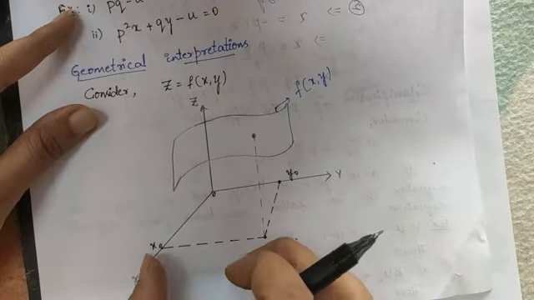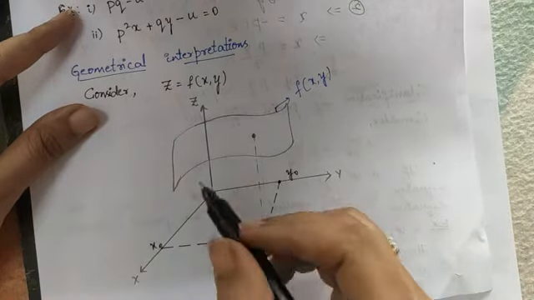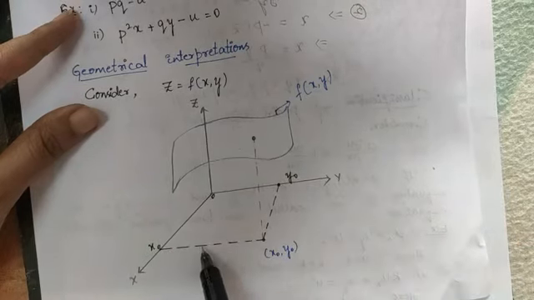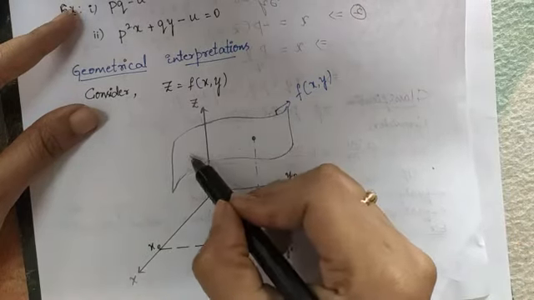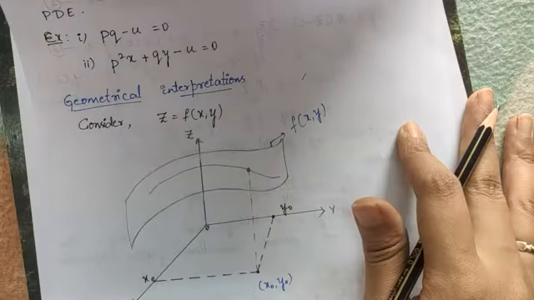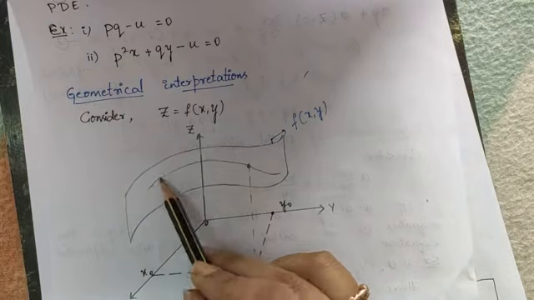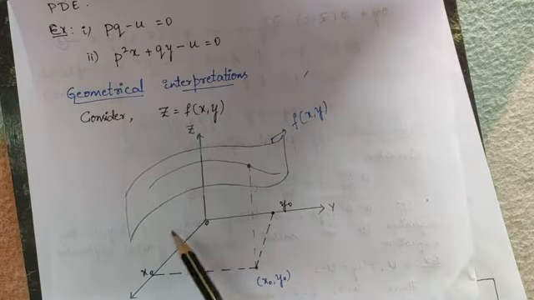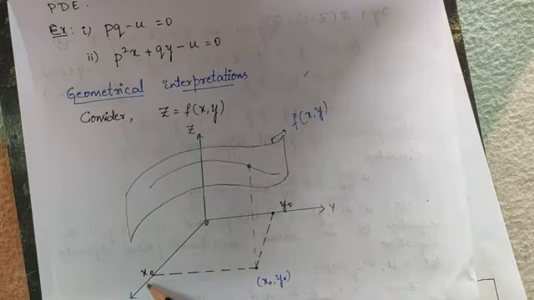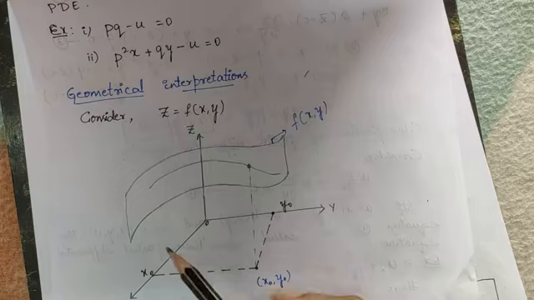Now I will consider this part. If you observe this part, for different values of y you will get a curve, right? So this is the curve I am obtaining for different values of y when x0 is constant.